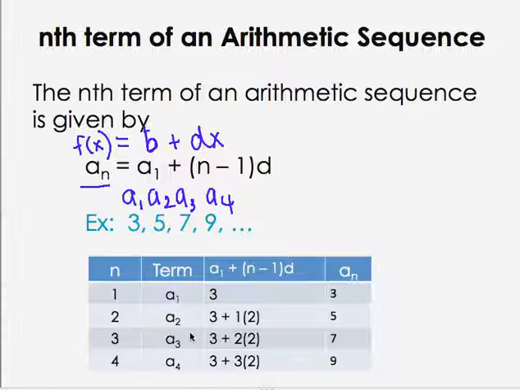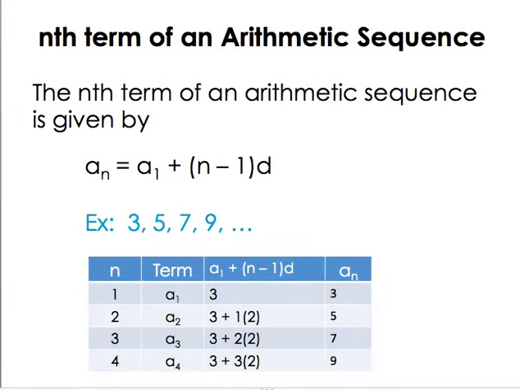When n is 2, we can use the formula a sub 1, or 3, plus n minus 1, or 1, because n is 2, times the common difference, which is 2. 3 plus 1 times 2, which is 5. The next one would be 3 plus 2 times 2, which is 7. And 3 plus 3 times 2, which is 9, and so on. And it follows that pattern. Okay, so let's see how we can actually use this.